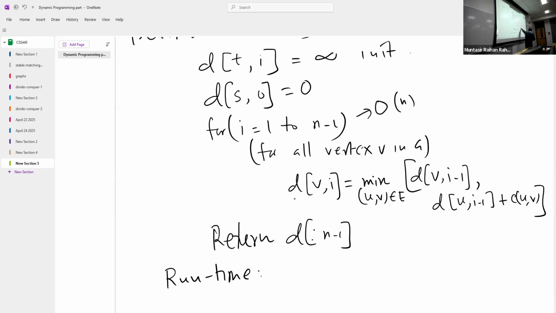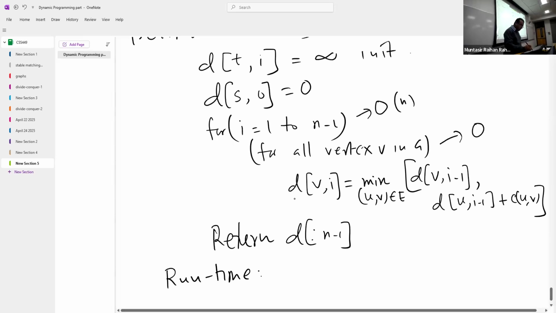That will take in total the number of edges in the graph, because this is proportional to the degree of the vertex v, and then we're doing the sum of degree of v, which is 2 times the number of edges. So this loop runs in order of m time, and that means the total runtime is order of mn.